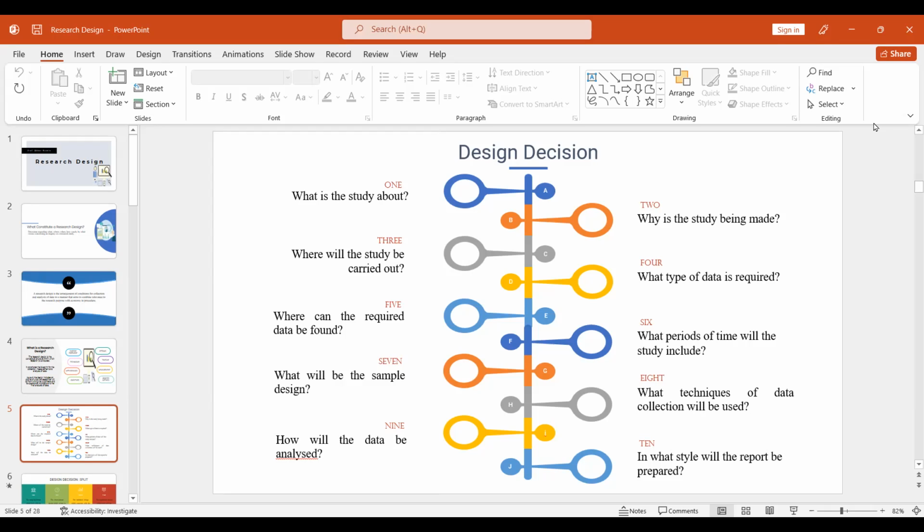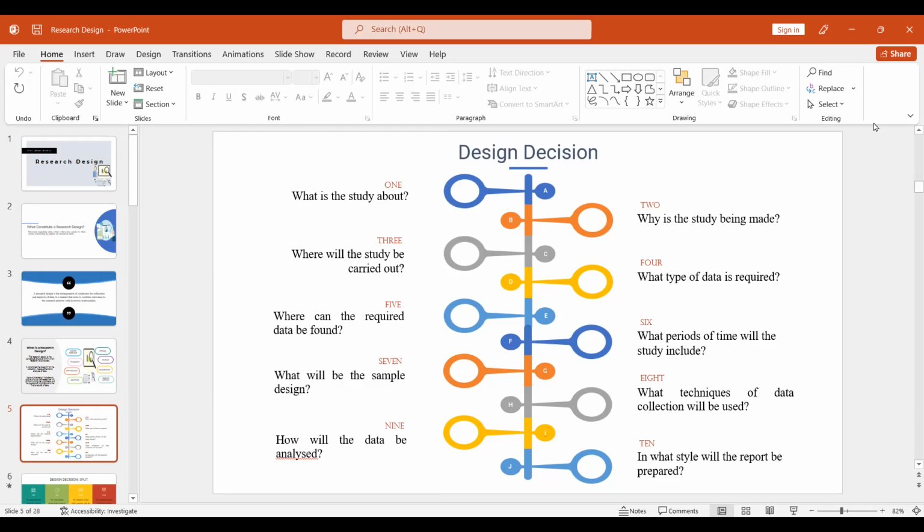The next question is, why is the study being made? Of course, as we know, architects talk about the structures, levels, depths, building blocks, and windows.